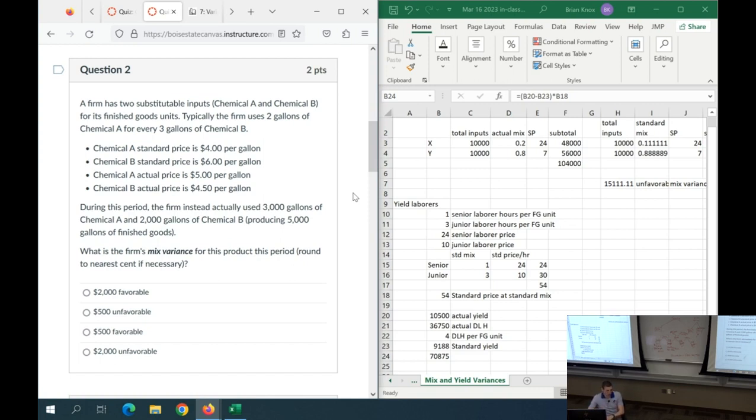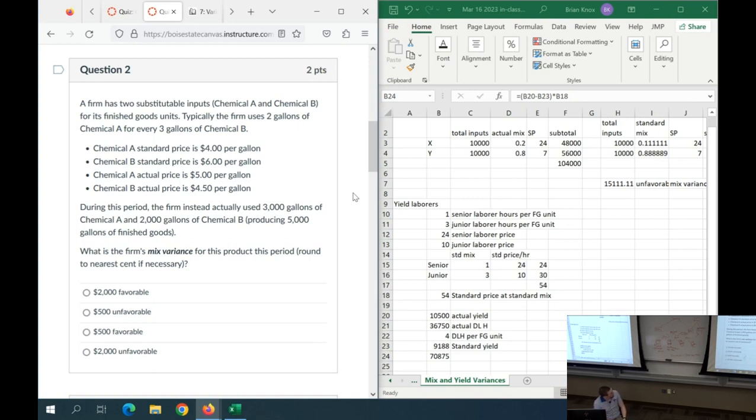There's a bartender joke in there somewhere. We're talking about watering down versus more pure. So we have two substitutable inputs, chemical A and chemical B, for our finished goods units.